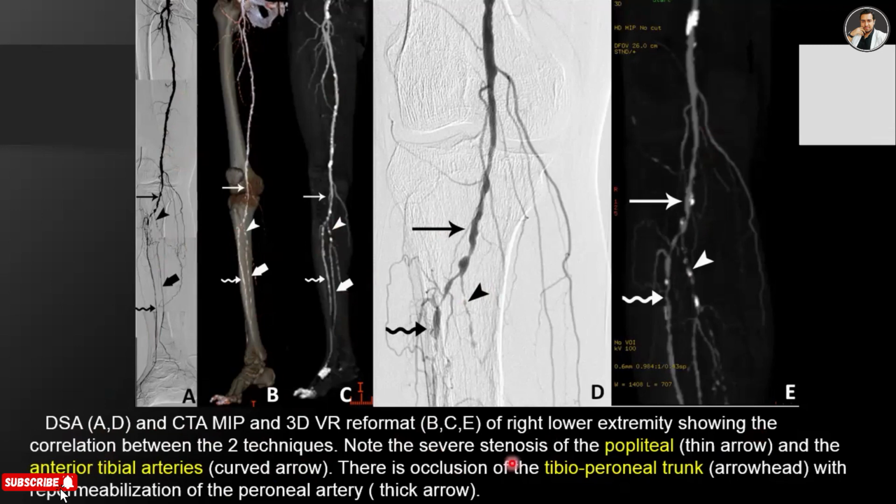Note the severe stenosis of the popliteal and anterior tibial arteries. So even the popliteal and anterior tibial arteries show stenosis. And there is occlusion of the anterior tibioperoneal trunk.